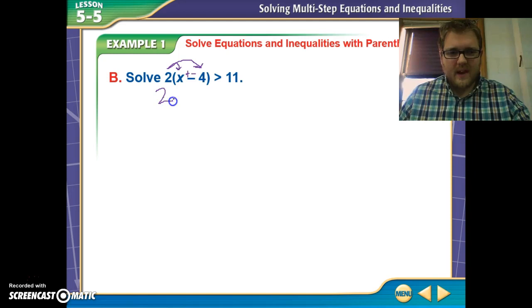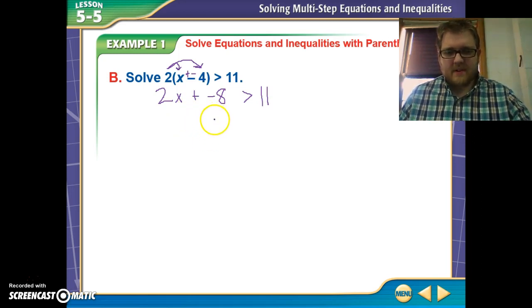We get 2 times x plus 2 times negative 4, which is negative 8, is greater than 11. Again, let's get all the variables on one side. Let's get all the plain number terms on the other side. So let's add 8 to both sides. And we get 2x is greater than 19.